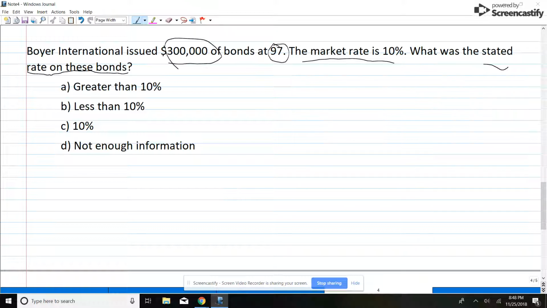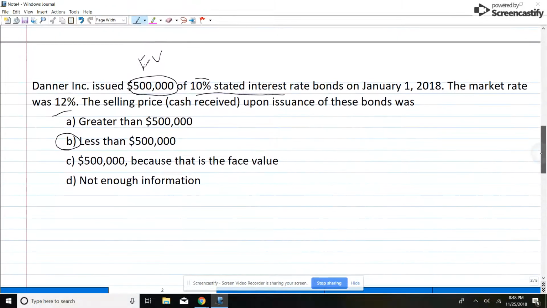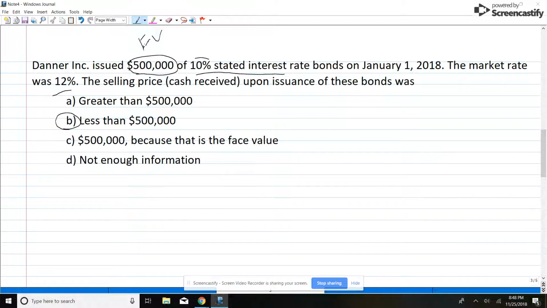And all the 97% means is that the cash received is going to be 97% of the face value, or in this case, the 300,000. So they're receiving less cash than the face value. And if we go back to the previous question, again, it's sold at a discount because the stated rate, the 10%, was less than the 12%, so they got less cash than the face value.